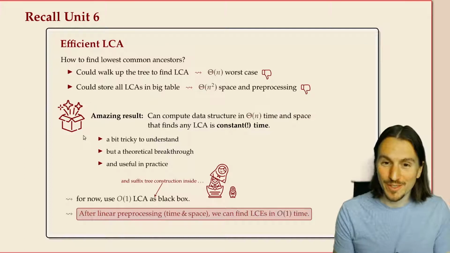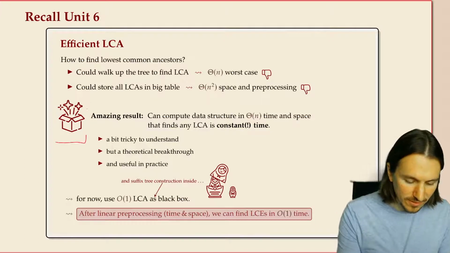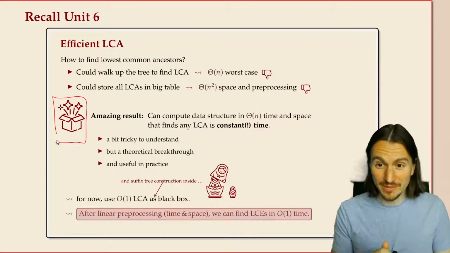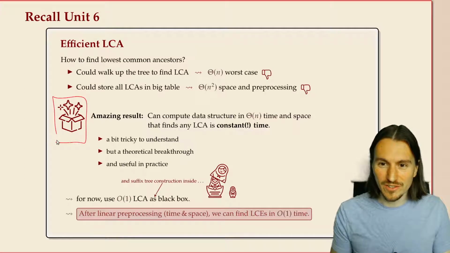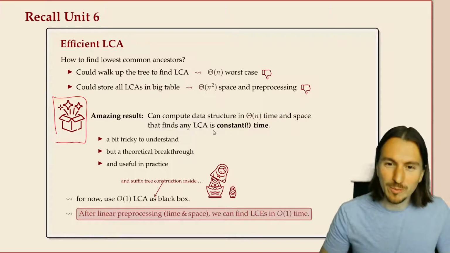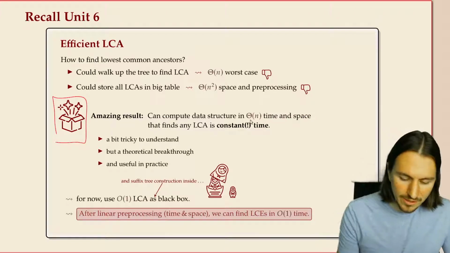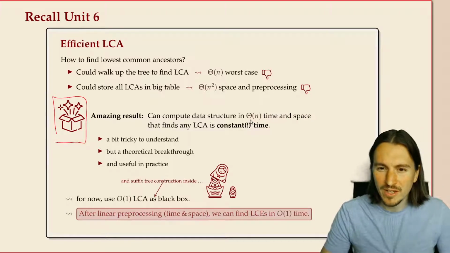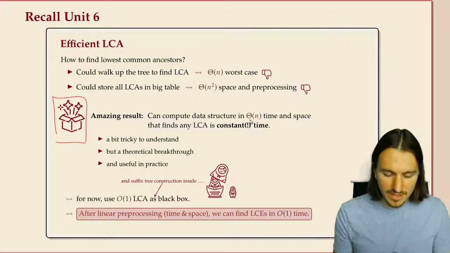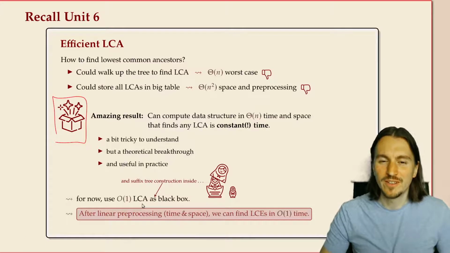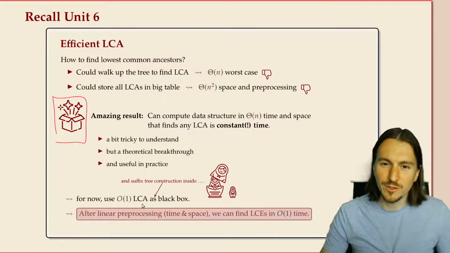And at the time I left this, so this is the main point here of this slide. At that point, I told you there is a magic black box for the LCA problem, finding lowest common ancestors in constant time with linear time preprocessing on the tree. And that can solve LCA and hence also LCE in an arbitrary string by using the suffix tree.